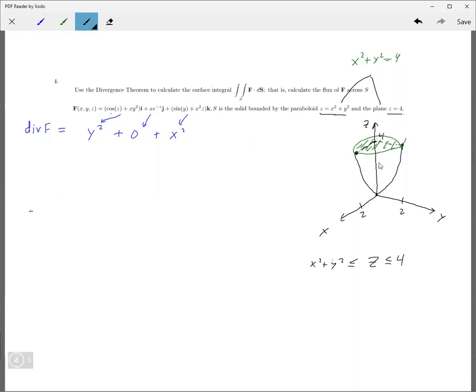Okay, the limits on x and y. It's easier if you shift to polar coordinates for x and y.